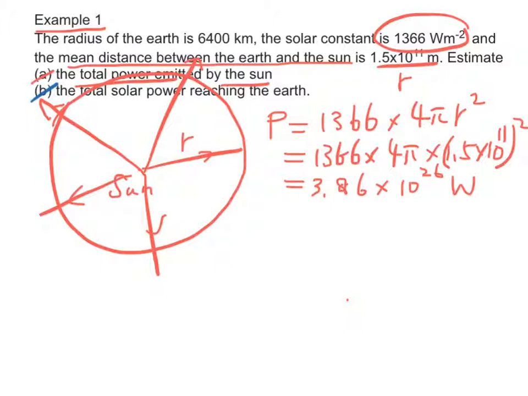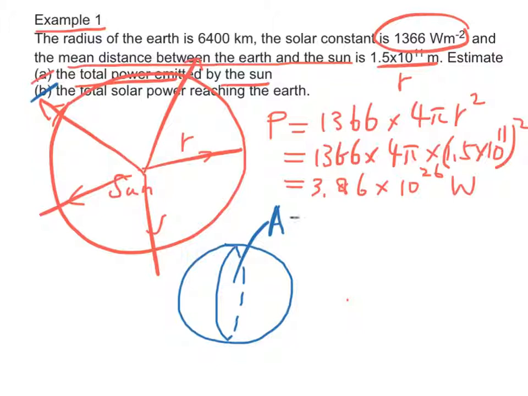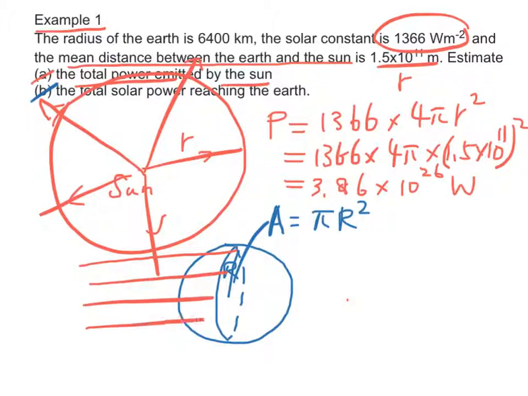For part B, for the Earth, the cross section of the Earth has an area A equal to pi r square, where r is the radius of the Earth. The sunlight falls perpendicular to the cross-section.